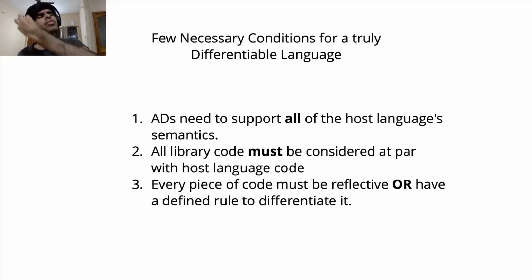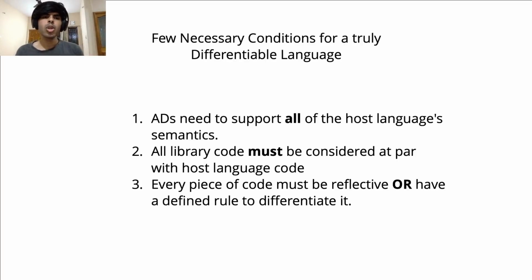A vast majority of this overhead meant that it was the AD engine that needed to support all of the host language's semantics, because not only are you now expected to differentiate through a neural network or a chain, you are now expected to differentiate through this entire rich ecosystem of differential equation solvers, right?